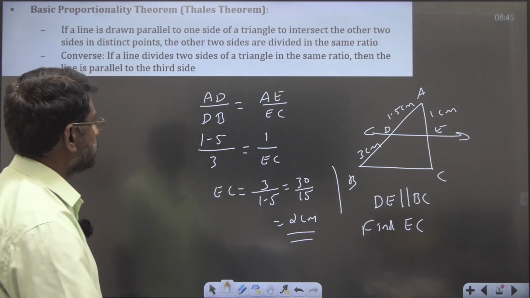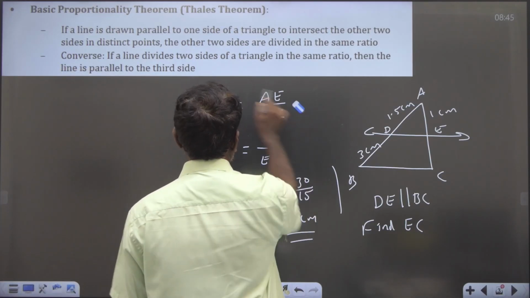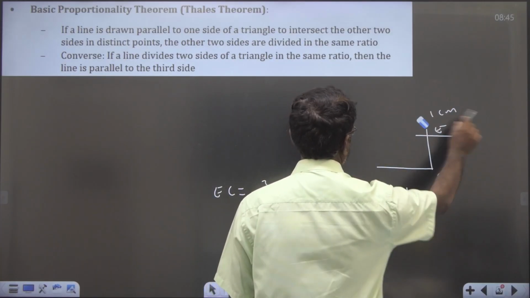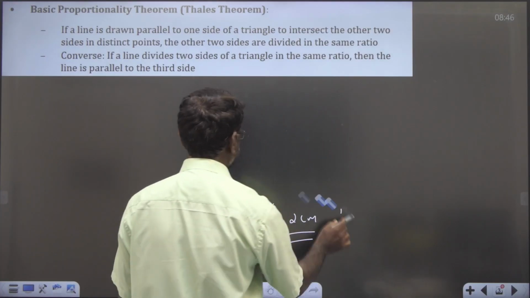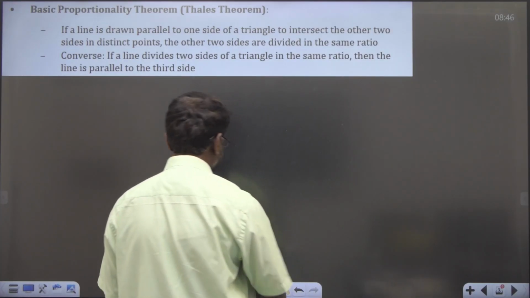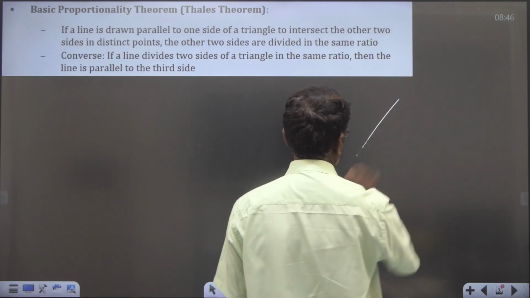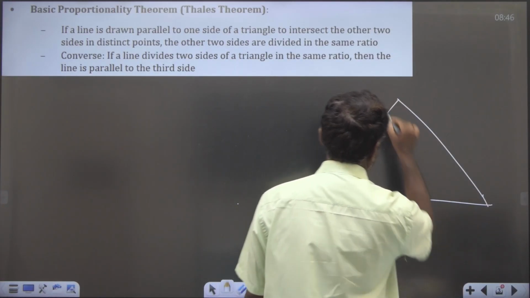Another question. Consider the triangle ABC.